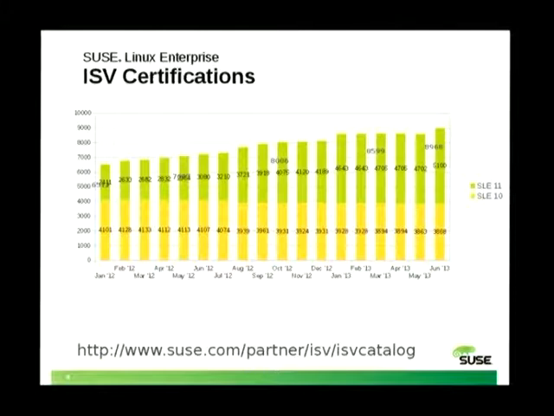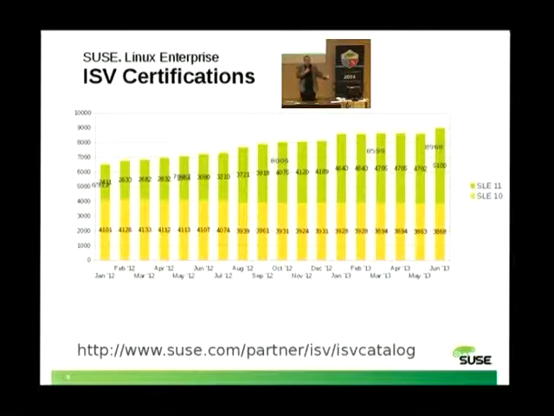We have ISVs who are certifying software on SUSE Linux Enterprise Server or Desktop, depending on what you want to do or what the application is. We have hardware vendors that are certifying their hardware for usage with SUSE Linux Enterprise. All of this is not really there for openSUSE. So this is one of the key differences between openSUSE and SUSE Linux Enterprise when it comes to the distributions.